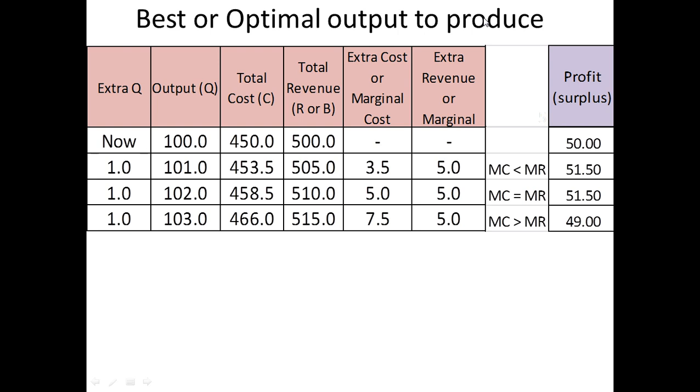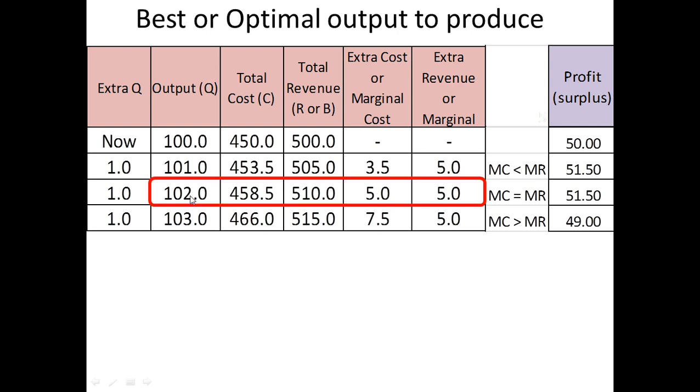So which one? Based on surplus or based on profit, I will produce 2. No, I cannot use 2 because I can only take one, and I cannot take 2 at the same time. I will produce 102.